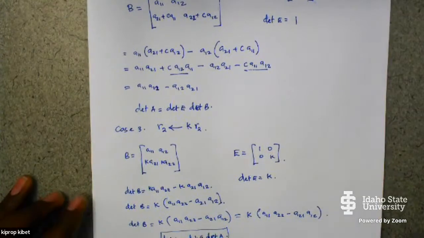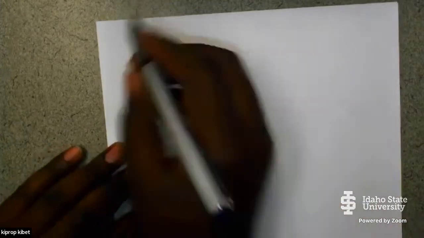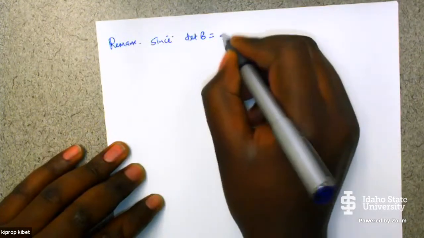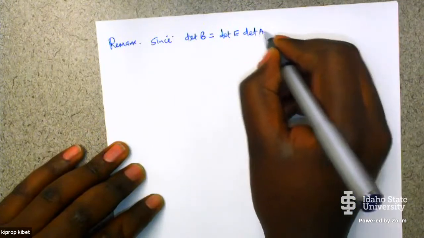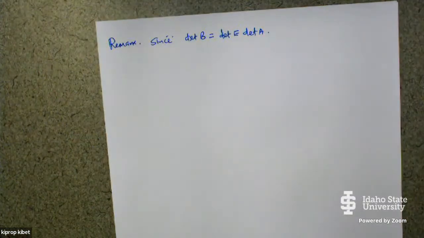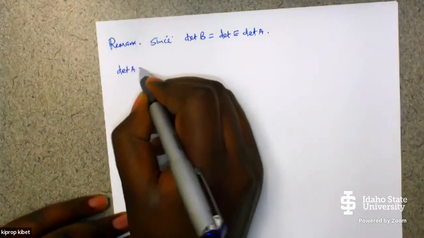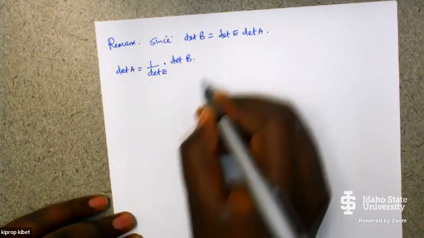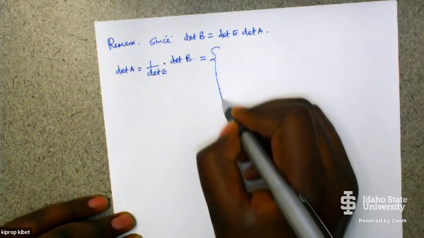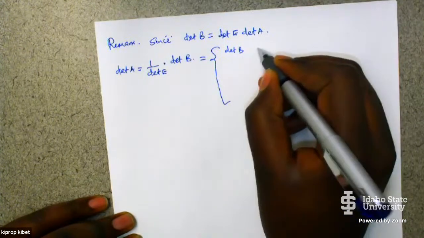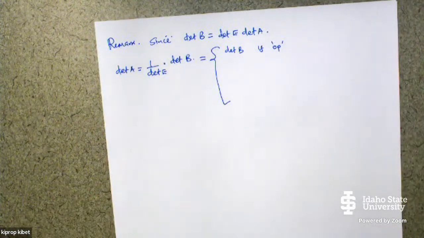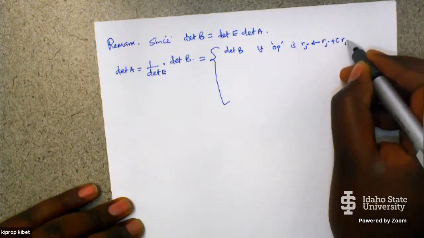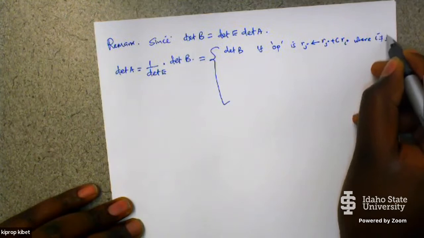Okay, so look at the remark in this case. Since the determinant of B is equal to the determinant of E multiplied by the determinant of A, then the determinant of A is equal to 1 over the determinant of E multiplied by the determinant of B. And this is equal to the determinant of B if the operation, which we can name OP, is Rj plus C Ri, where i is not equal to j.